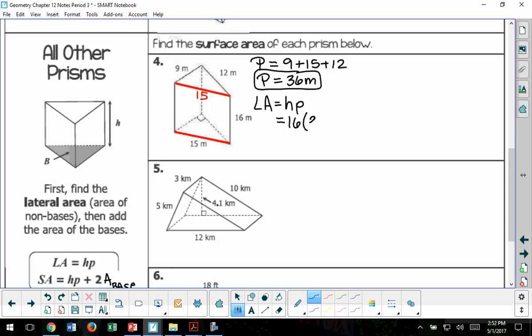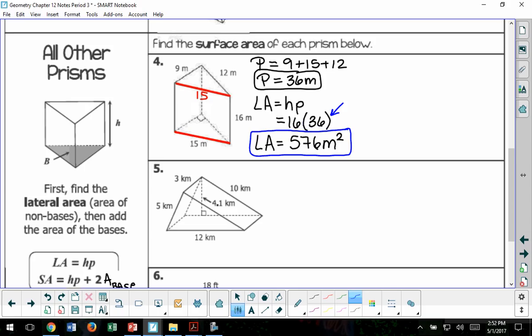My perimeter is 36. What's that answer? 576 meters squared. This is your answer. This is your plug-in for your lateral area.